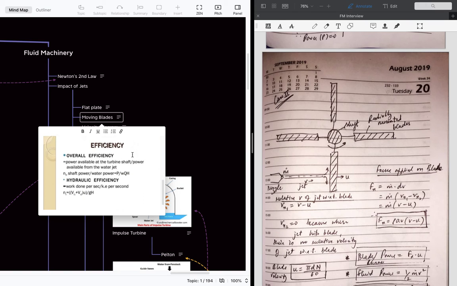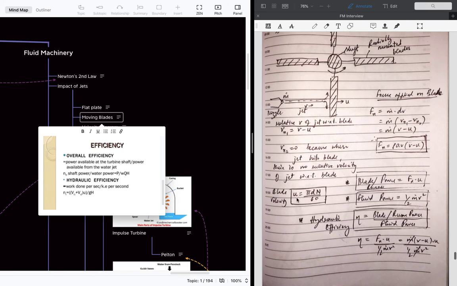So this is the basic formula, as we have already discussed the hydraulic efficiency. We will see the overall efficiency. Overall efficiency is nothing but the hydraulic efficiency times the mechanical efficiency, which is basically shaft power divided by the fluid power. We will see that.